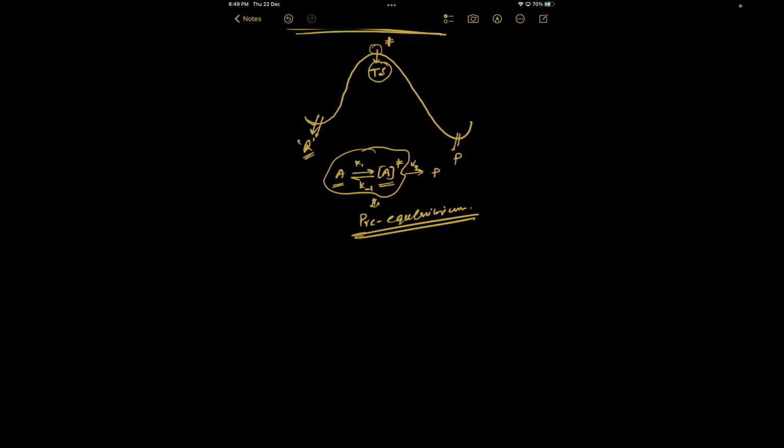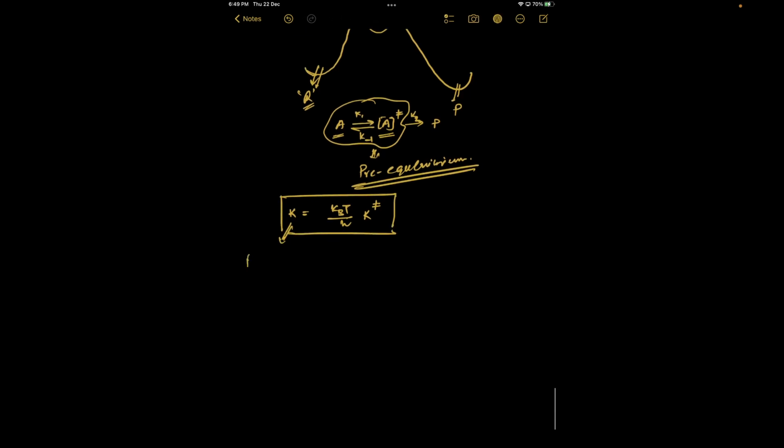Now in the transition state theory, the main rate expression, the rate constant, is k equal to kBT divided by h times K double dagger. I am explaining this. So k is the main final rate constant for this reaction.